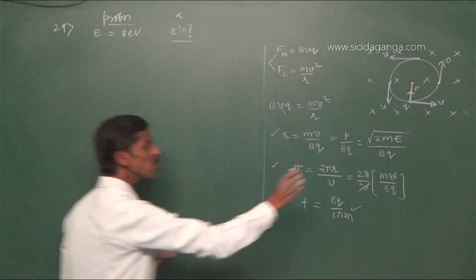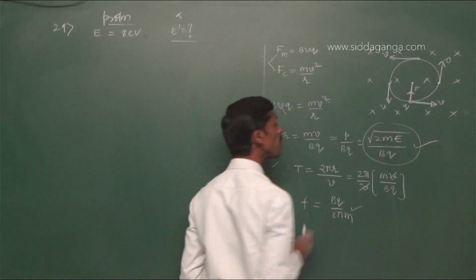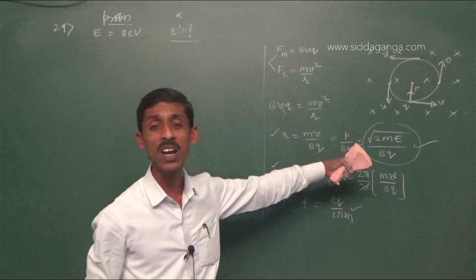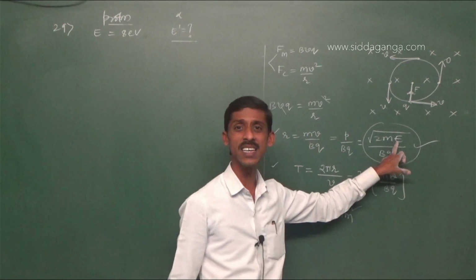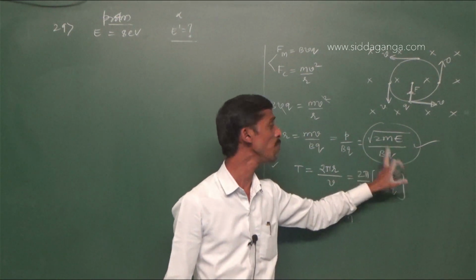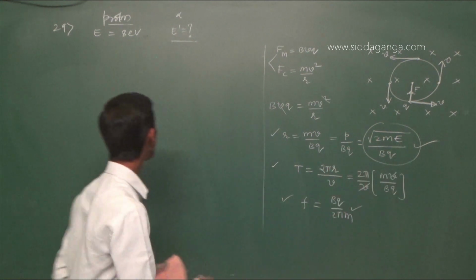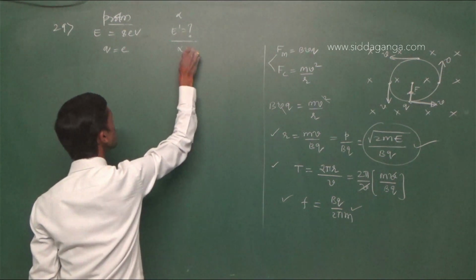So what is the formula for the radius? What is the formula for radius of circular path of a charged particle entered into a magnetic field perpendicularly, in terms of kinetic energy? It is square root of 2mE by qB, because momentum is equal to square root of 2mE. So proton has charge e, alpha particle has charge 2e.